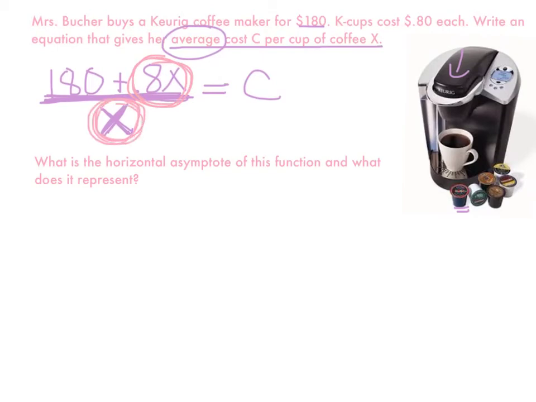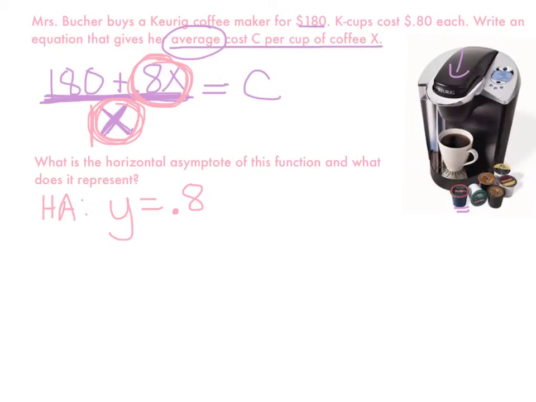So remember, when they're the same degree, you take the ratio. y equals, and then the coefficient on this one is 0.8, and then you divide it by the coefficient on this one, which is 1, so 0.8 divided by 1 is just 0.8. The horizontal asymptote is y equals 0.8.